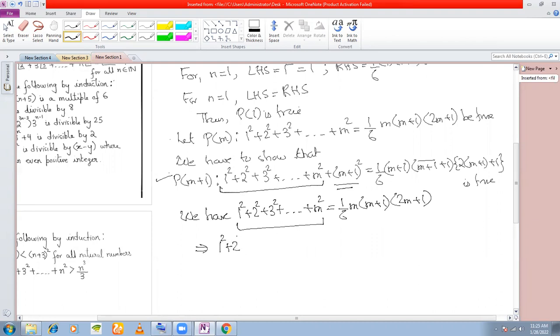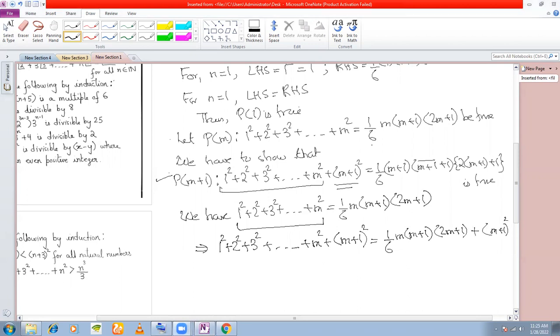So 1 square plus 2 square plus 3 square up to m square plus (m plus 1) whole square, I add to both sides because I need to prove P(m plus 1). So I am trying to get to P(m plus 1). Okay. 1/6 m into m plus 1 into 2m plus 1 plus (m plus 1) whole square.